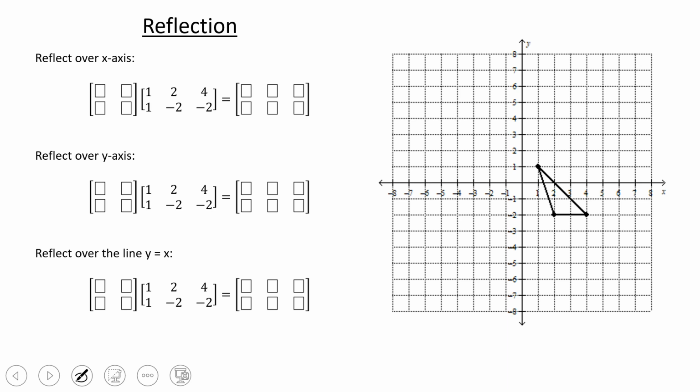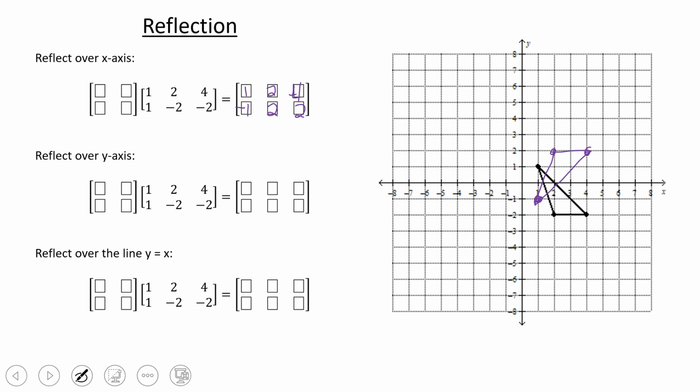So 1, 1 would become 1, -1. And 2, -2 would become 2, 2. And 4, -2 would become 4, 2. And so this is what it would look like reflected over the x-axis.